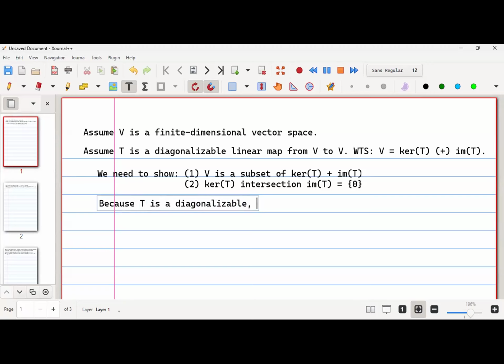So there exists a basis, let's call it S, of V, so that T(v_i) is equal to lambda_i v_i.